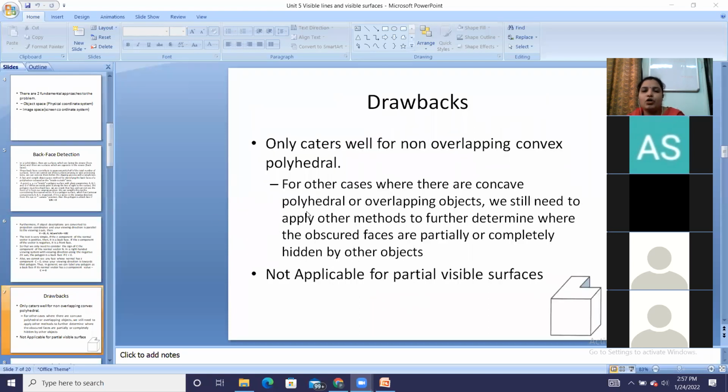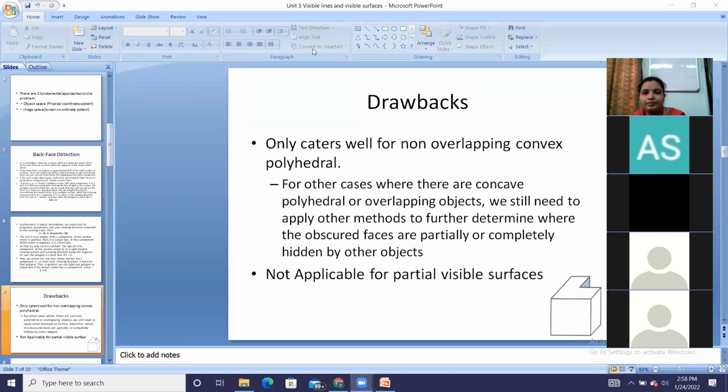So what can be the drawbacks of this method? This is an object space method in which the physical coordinates of one object are considered. That is why, if more than one convex object, that is, overlapping objects, are there, then this method is not useful.